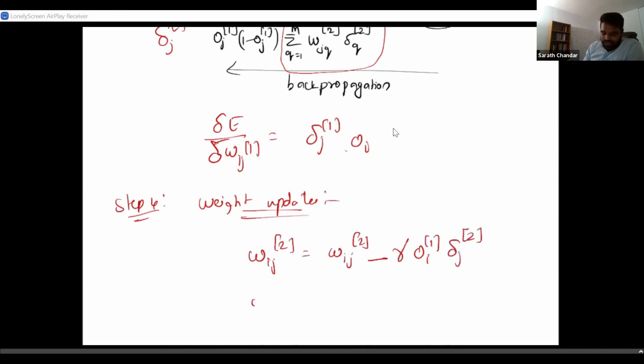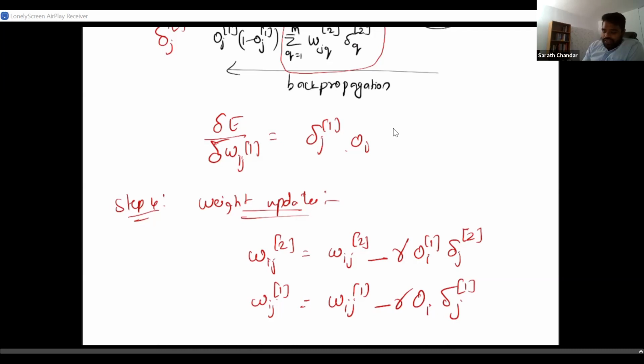Similarly, Wij of 1 is given by Wij of 1 minus gamma times OI del J of 1. You will do this for all the weights in the first layer and the second layer.